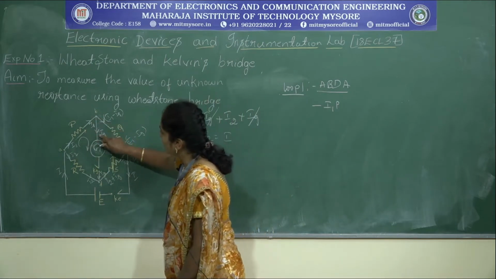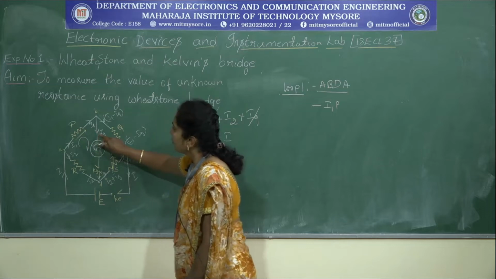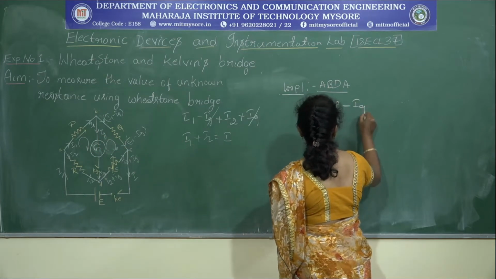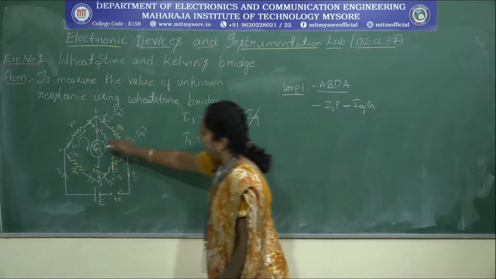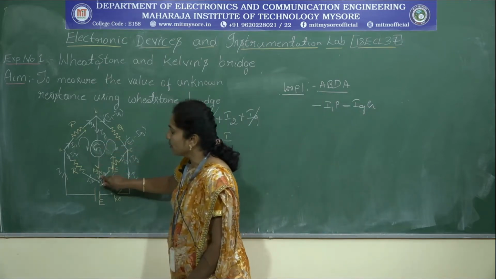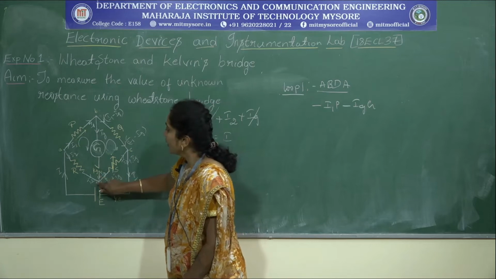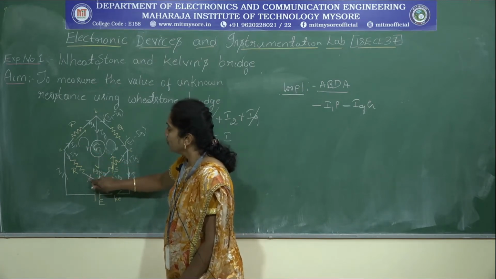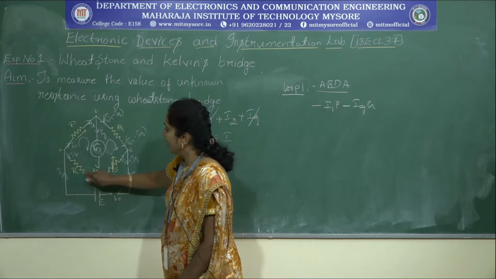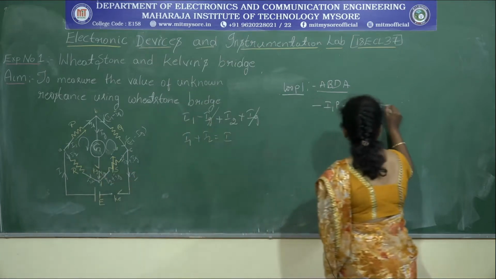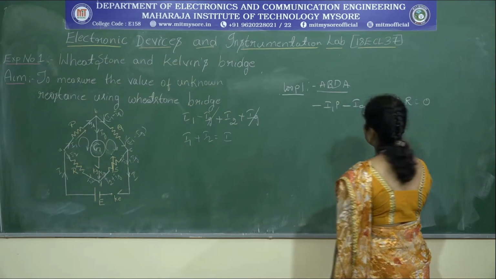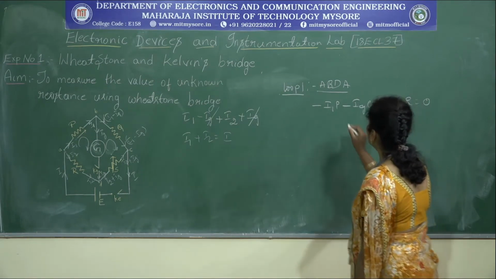At the same time, with the clockwise direction, we have minus Ig into G, and if it is closed, we are assuming it is closed, and this is in the reverse direction, so we will have the plus sign, plus I2 into R, which is equal to 0.